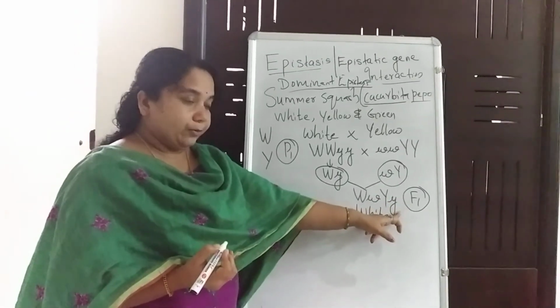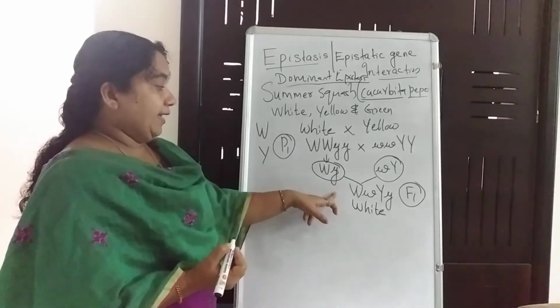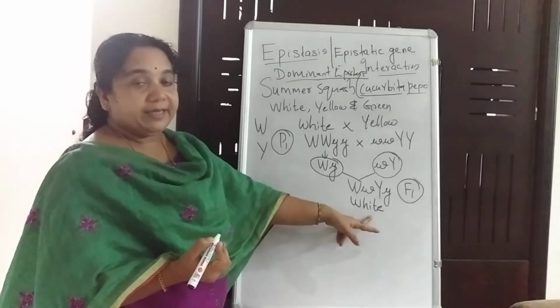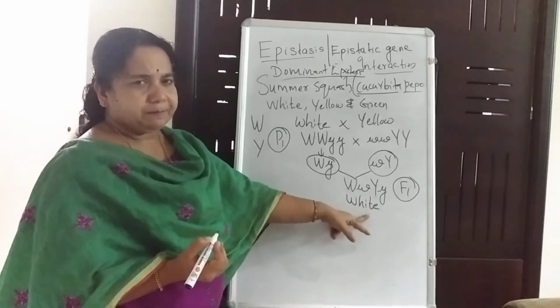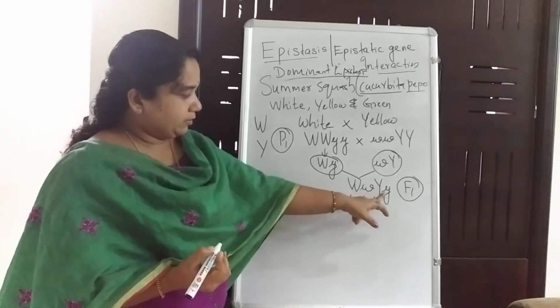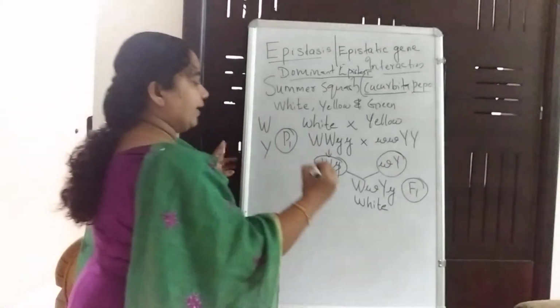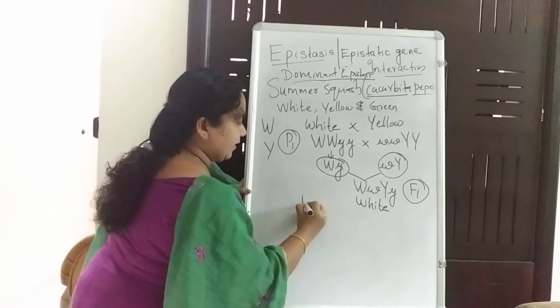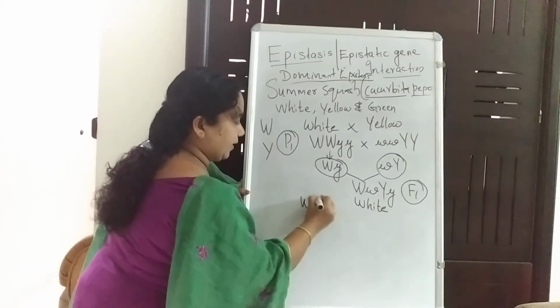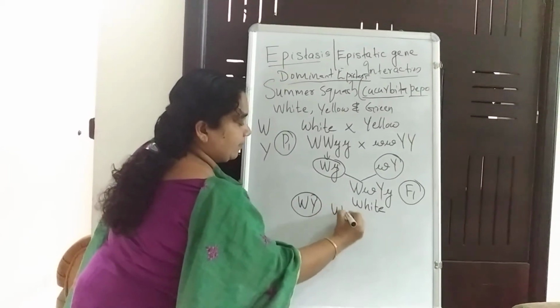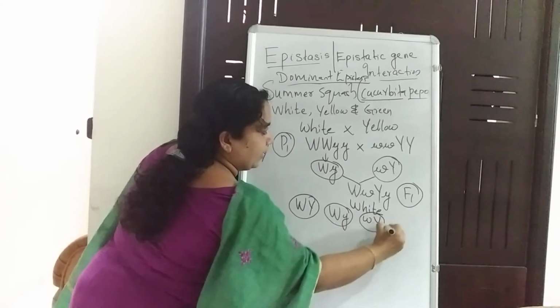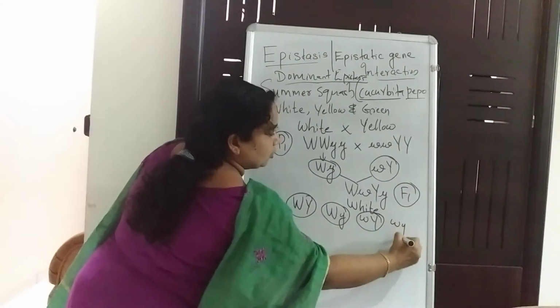Since it is heterozygous, when we take this white, how many gametes will we get? Since it is a heterozygous heterotype, 4 different gametes will be produced. That is capital W capital Y, capital W small y, small w capital Y, and small w small y.